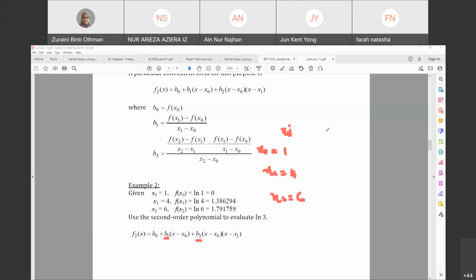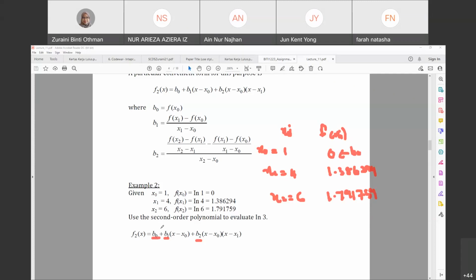And this is our f(xi), which is the first one 0, lepas tu 1.386294, lepas tu yang ni ialah 1.791759.